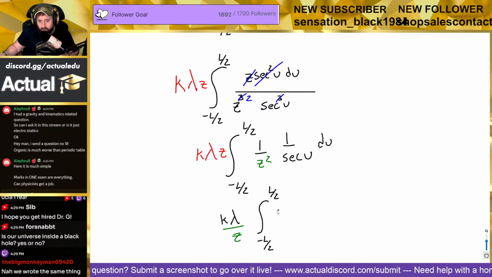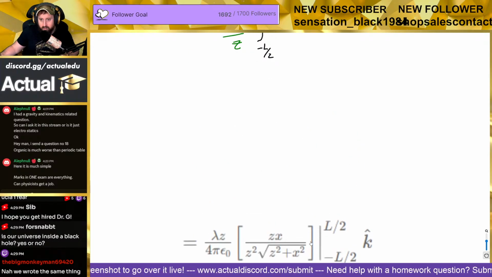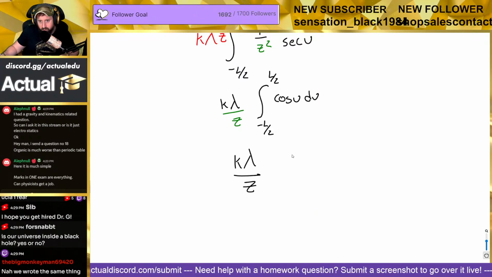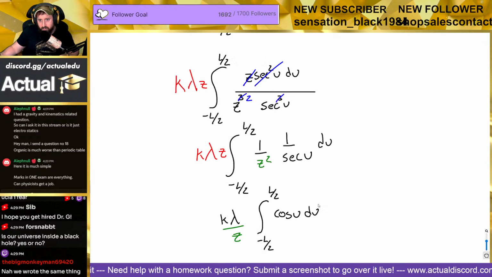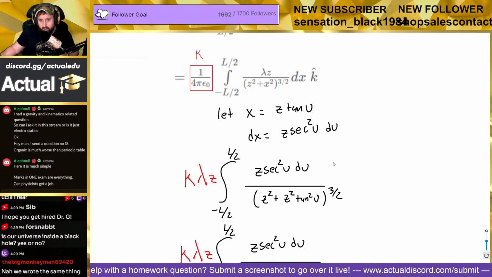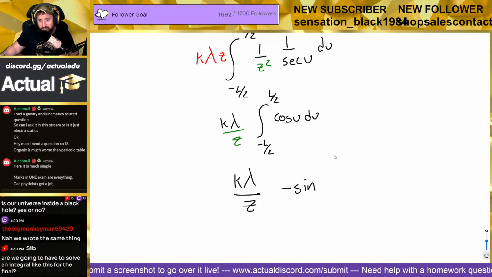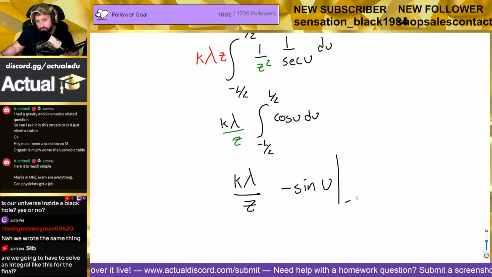Okay. Cosine u du. Integral of cosine is sine. Cool. So now I have k lambda z. Sine of u. But u... Oh, this is kind of cool. Actually, I see where this comes in. Sine of u from negative L over 2 to L over 2.